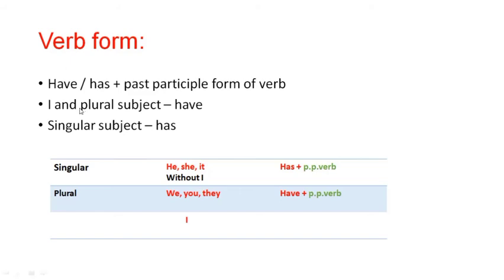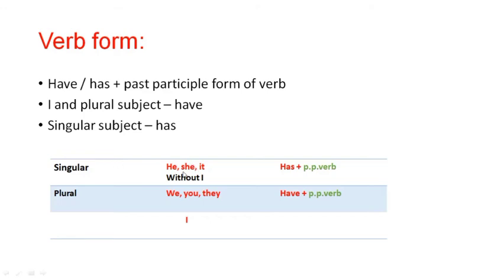Now, the subject. If the subject is plural, you have to write "have" in front of the past participle form of the verb. If the subject is singular, you have to write "has" in front of the verb. Look here: singular, he, she, it.